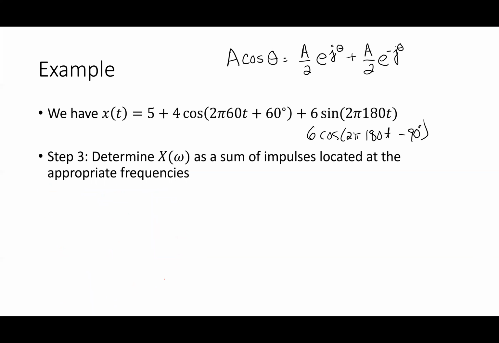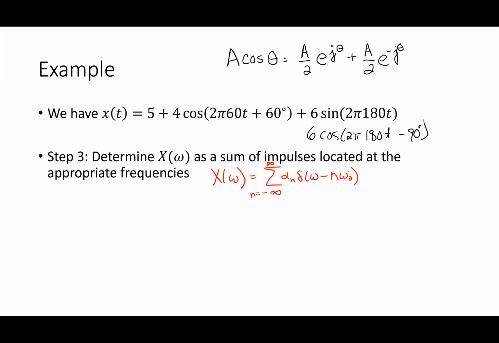Now I need to determine X of omega as a sum of impulses located at the appropriate frequencies. So X of omega was, by definition, the sum as n goes from -infinity to infinity of alpha n times delta of omega minus n omega naught.